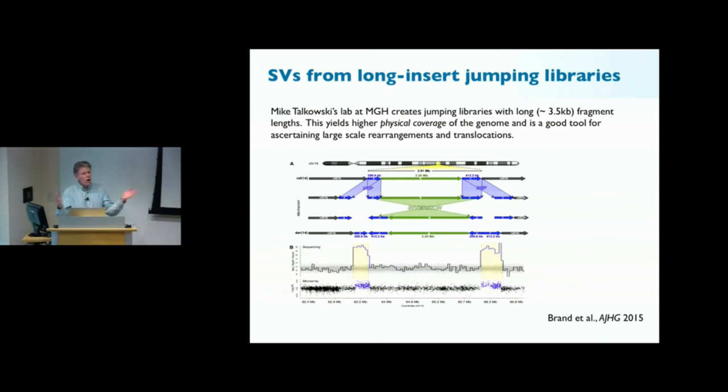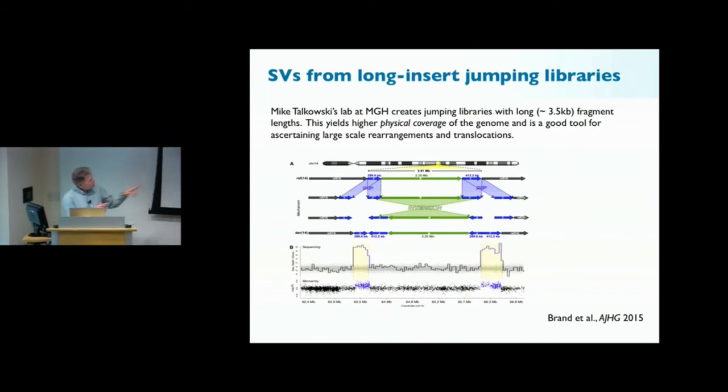So if you take longer molecules, 3 kb or 5 kb, and sequence just the ends, you get read pairs that are much more likely to hit a structural variant. So you're increasing your power to detect large structural variations by sequencing long molecules at the same depth as you would sequence shorter molecular fragments.